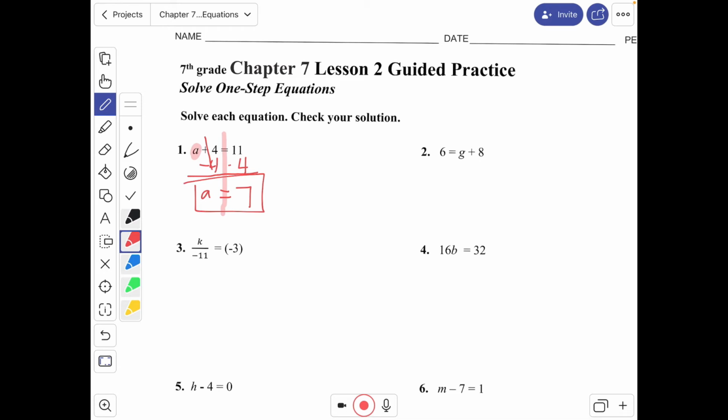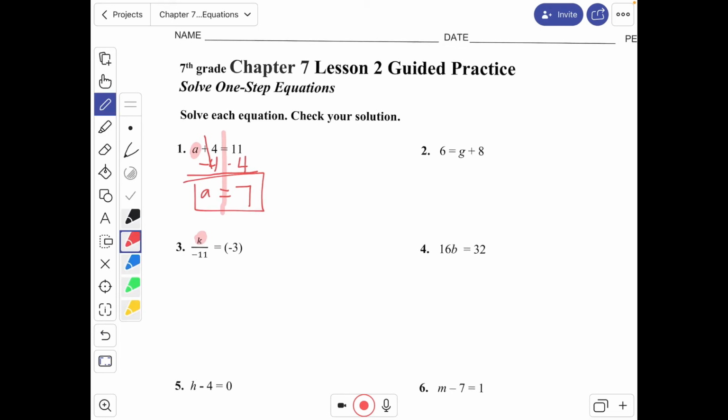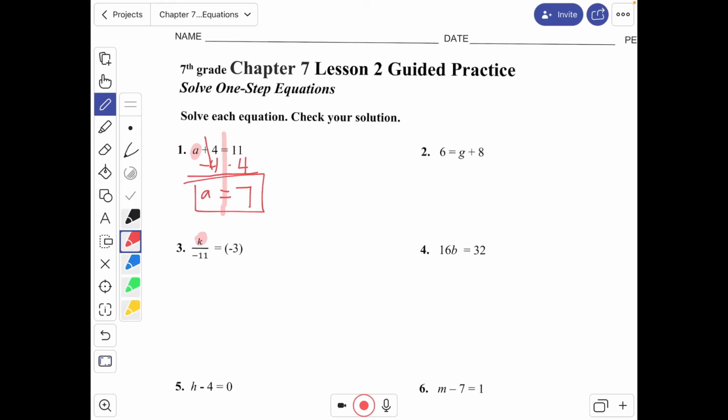Number 3. We have k divided by negative 11, which equals negative 3. So what are they doing to the variable k? Dividing by negative 11. So we need to multiply. We're going to do the opposite of division, which is multiply.